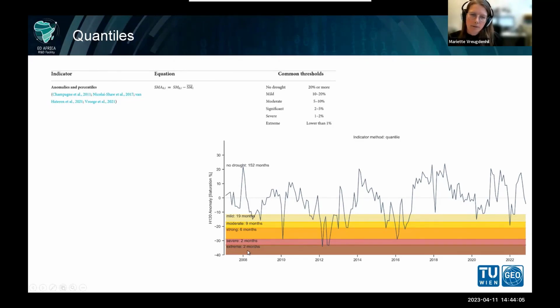Over the whole time series, there are 2 months of extreme drought, 2 months of severe drought, and then 6 months of strong drought. This is logical, of course, because this is based on quantiles of the whole data set. So for every point, there will always be 2 months of extreme drought somewhere.